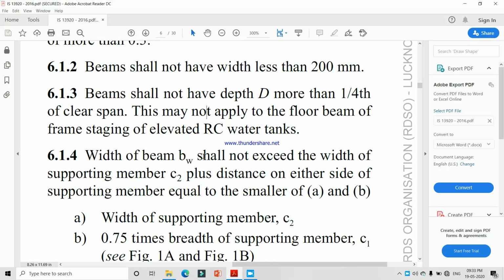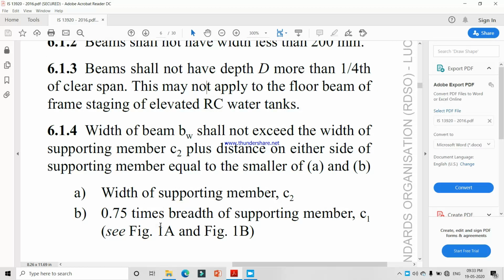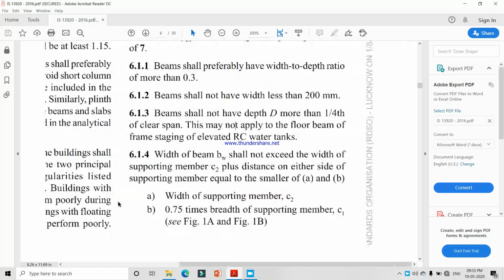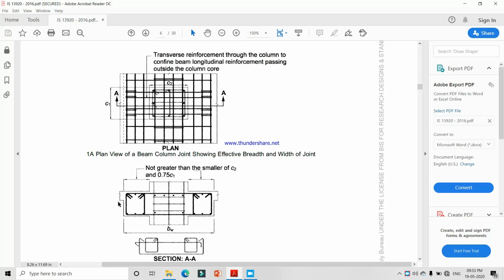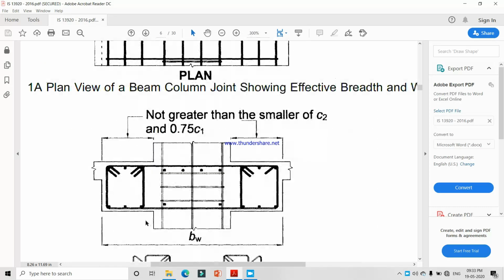Width of beam shall not exceed the width of supporting member, that means the column, plus a distance on either side of the supporting member, whichever is smaller. These are the two criteria: width of supporting member, and second, 0.75 times width of supporting member, 0.75 C1.